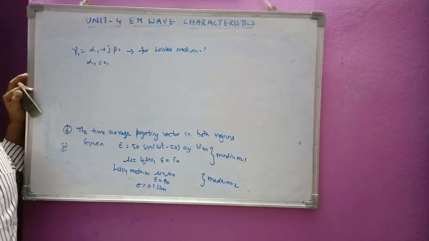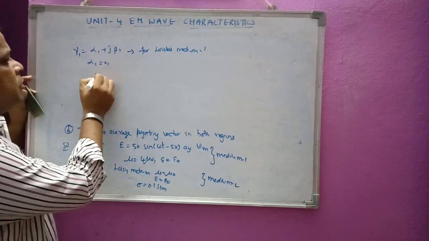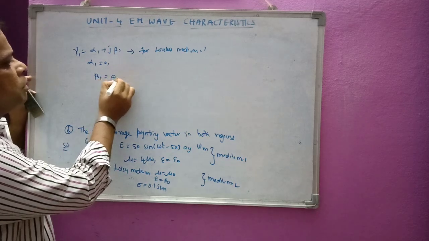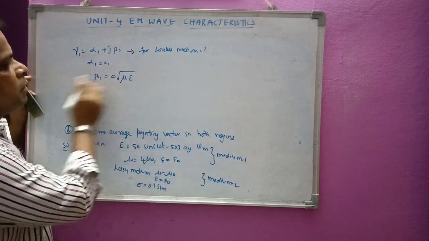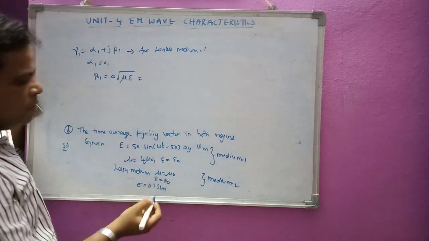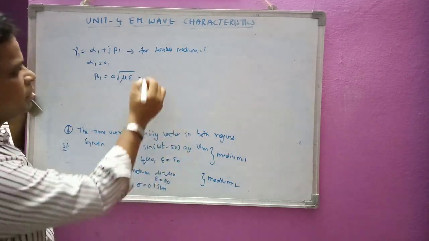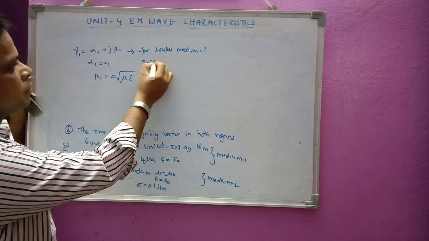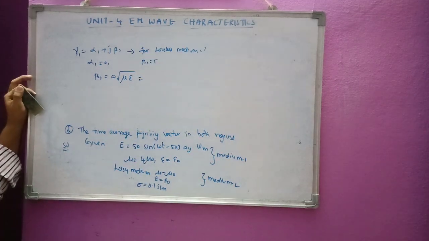And here the formula for beta 1 is omega root mu epsilon. From the question we can write beta 1 as 5, because he has given the value in the question itself.